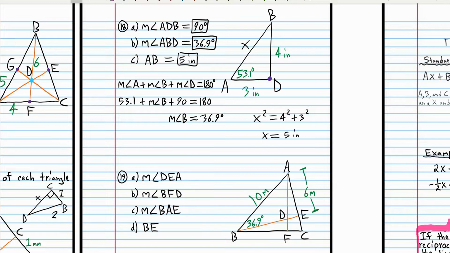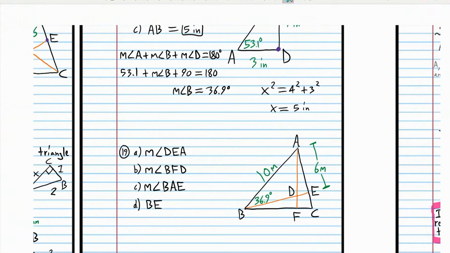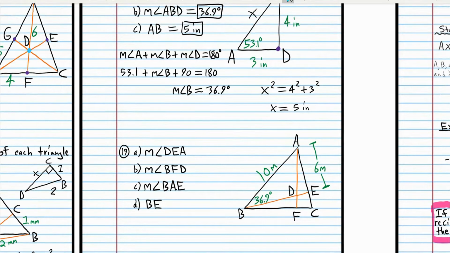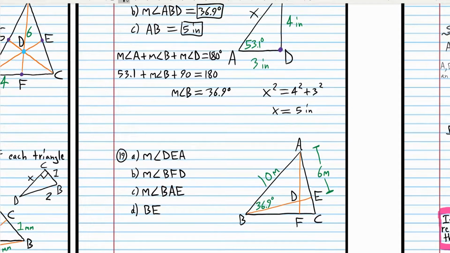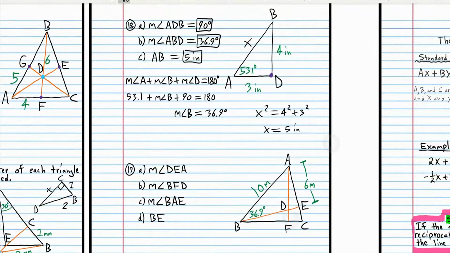If a segment or a line or a ray comes from a vertex of a triangle and goes through the orthocenter, again, we're told point D is the orthocenter, then it must contain the altitude, and the angles that the altitude makes with the sides of the triangle, they must be 90 degrees. So go ahead and try number 19, and when you come back, we'll do it together.